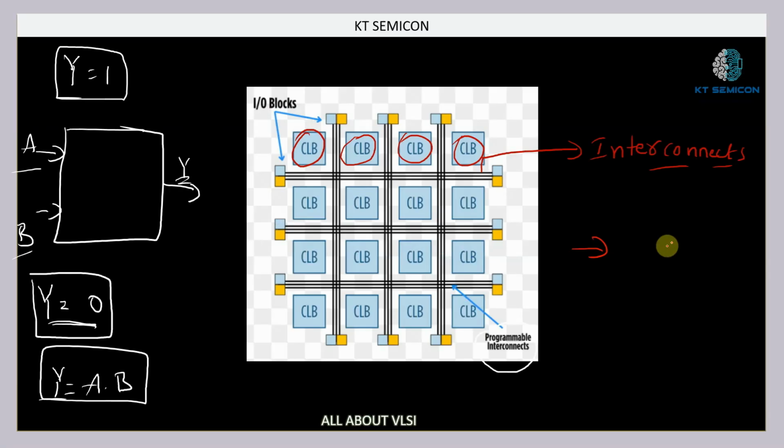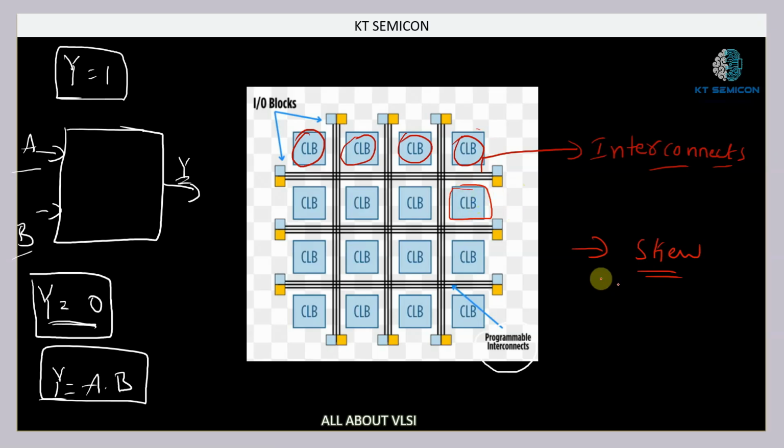If you want to implement a complicated Boolean function which is going to have some 256 terms or something, the tool is going to take care of which CLB should be connected to which CLB, and there will be so many factors like skew, clock jitter, and routing. Which particular CLB should be connected to which particular CLB to implement a particular function will all be decided by the tool.